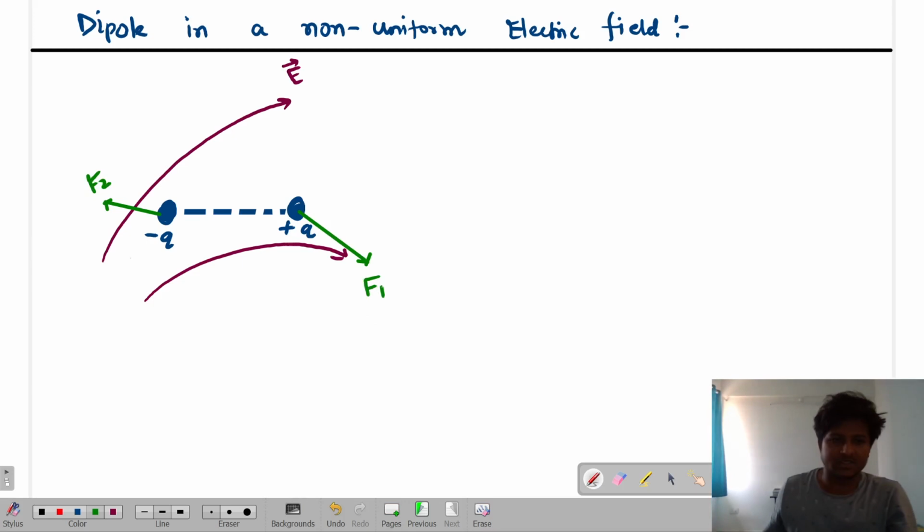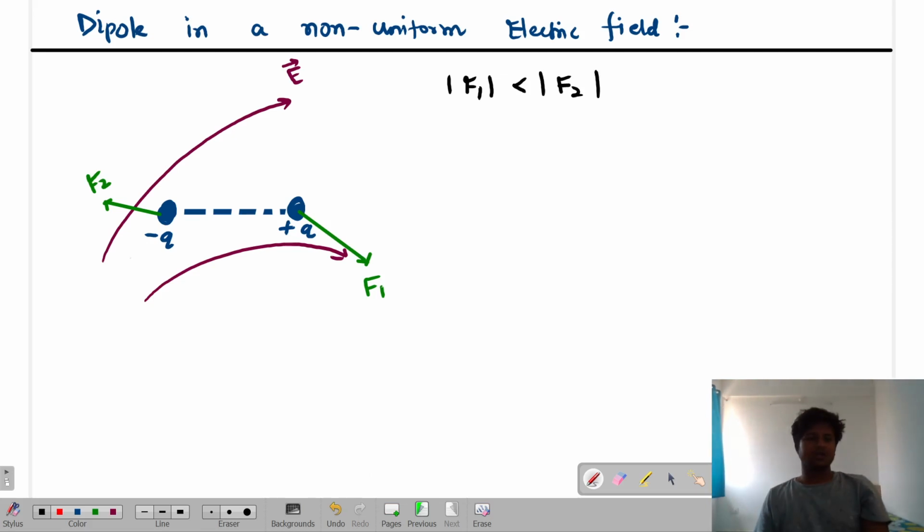Now the question arises: here my electric field is converging and here my electric field is diverging. So that means the magnitude of force 1 on my dipole will be less than the magnitude of force on the second charge minus q, isn't it?